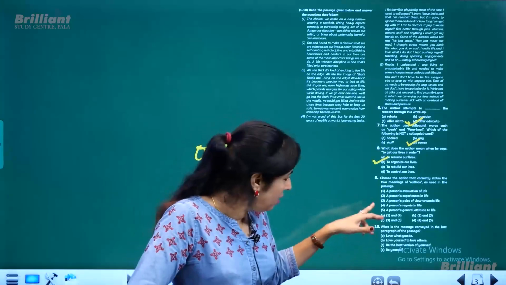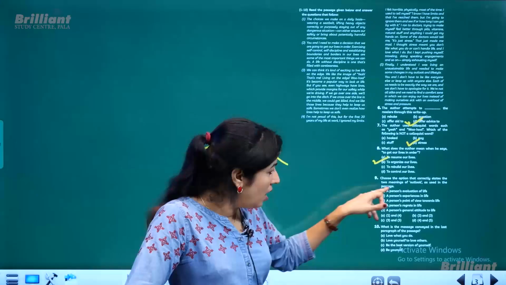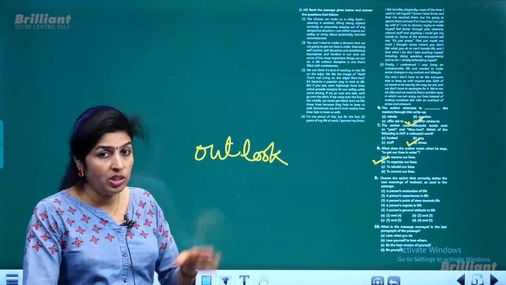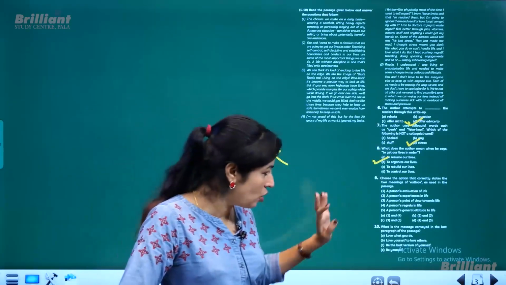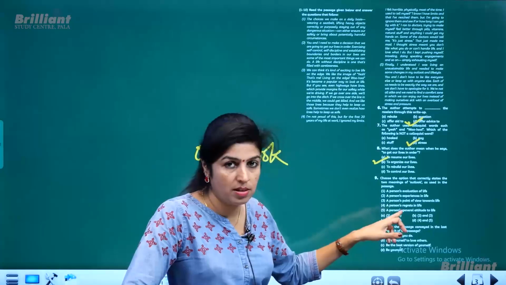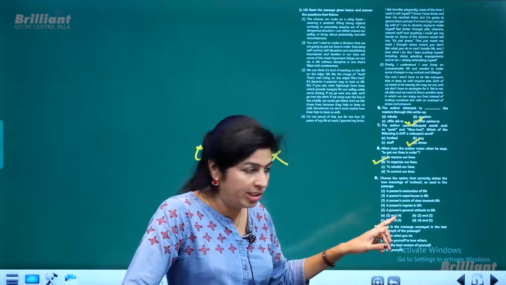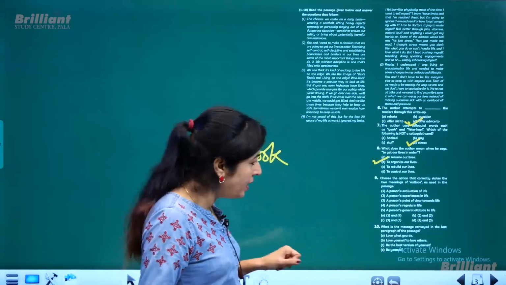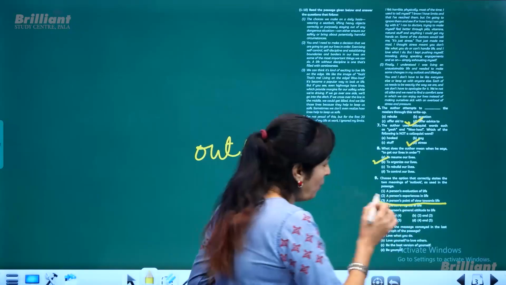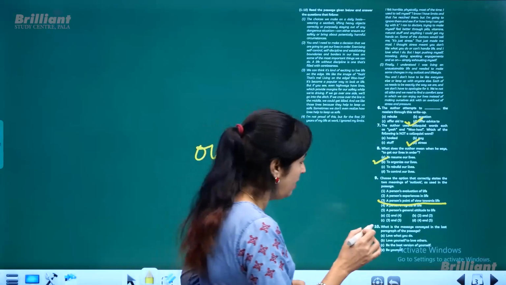So what does outlook mean in the passage? It's not any assessment of life, not judging life. So the first option cannot be taken. Then a person's experiences: it has just got nothing to do with experiences. Outlook is not experience shared. A person's point of view towards life, this could be taken. The third could be taken, point of view towards life. And then regrets.